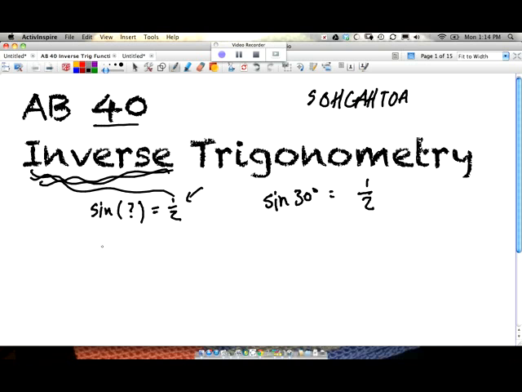The notation is probably the most confusing part about this. It's sine to the -1 of 1/2, and that's what these two things mean here. They're the same thing. It's really just asking sine of what is 1/2.